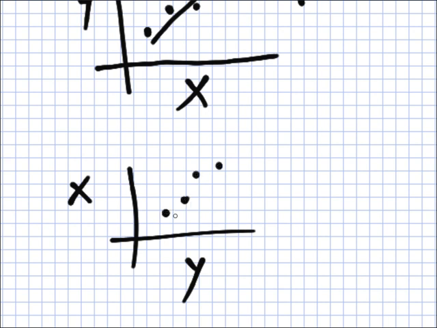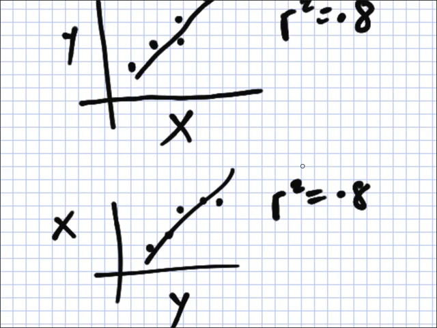And you'll have the same type of relationship. It'll be just as good. So you can't say x causes y, because you don't know if it's the other way around. You don't know if it's y causing x. You just know there's a relationship here.